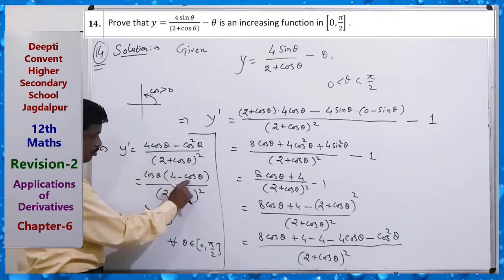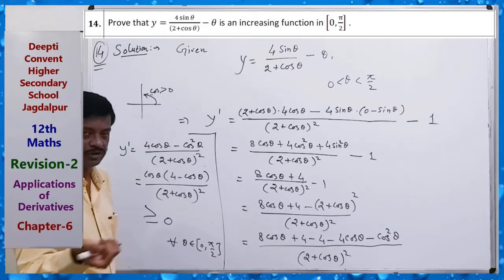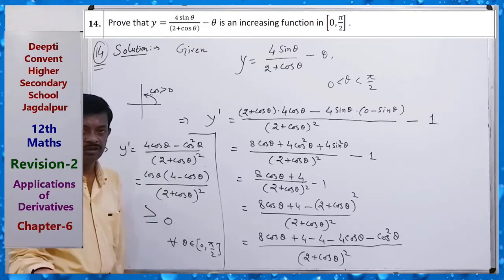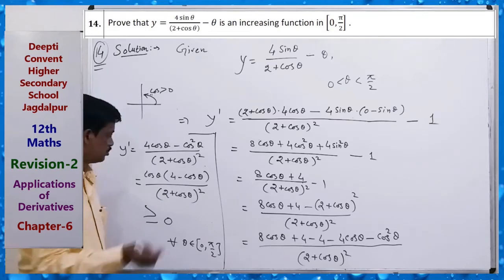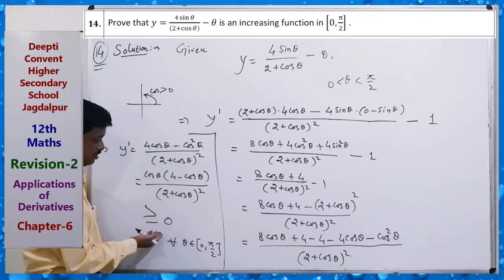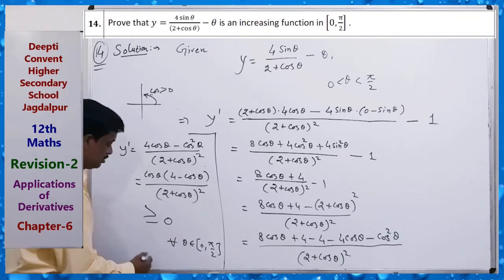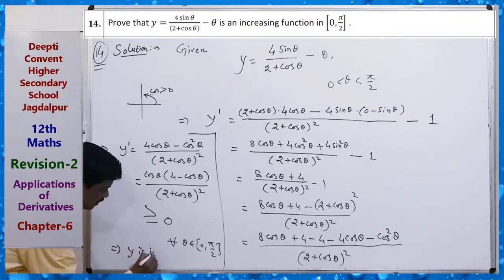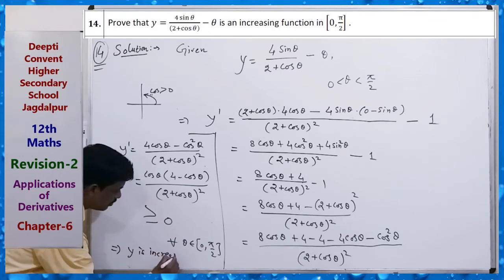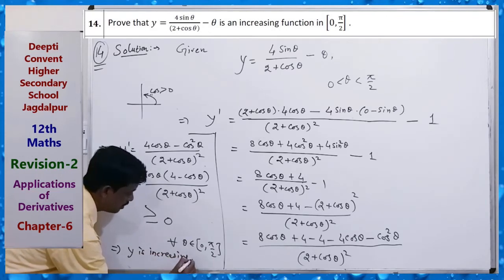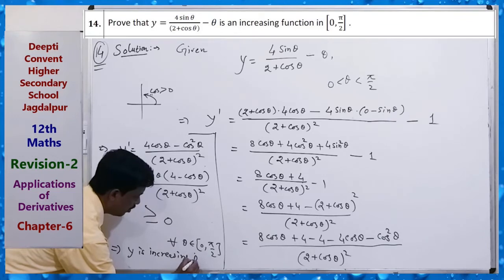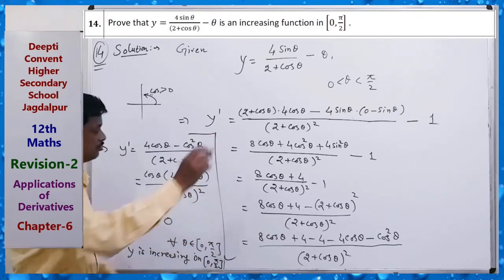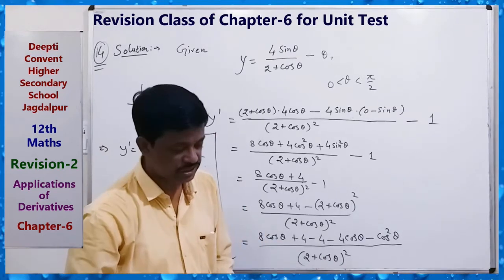Also cos theta lies between minus 1 and plus 1, so 4 minus cos theta will be greater than 0. So positive, greater than or equal to 0 for all this. That means y is an increasing function on 0 to pi by 2. So this was the proof of this question.